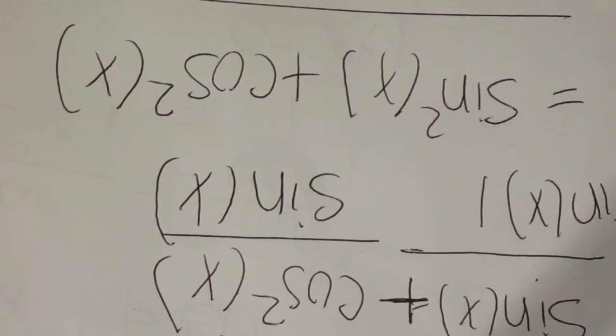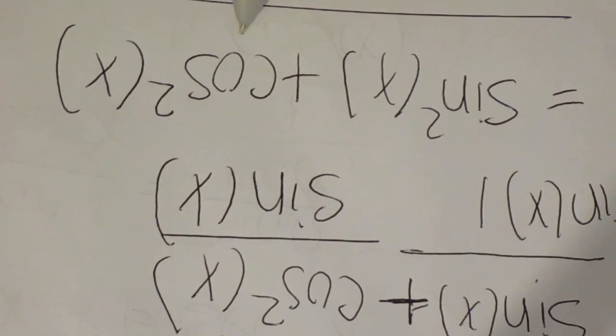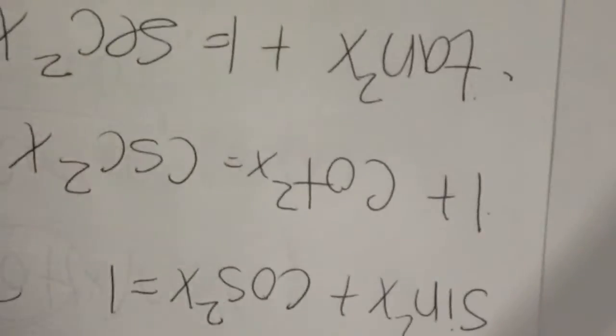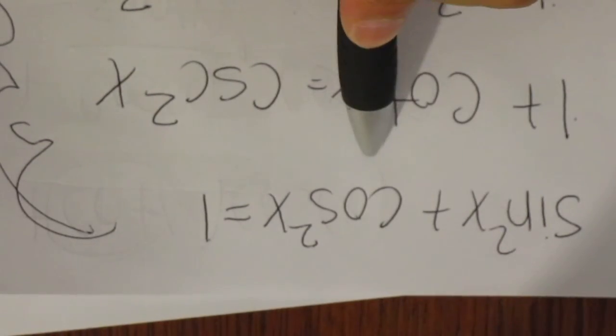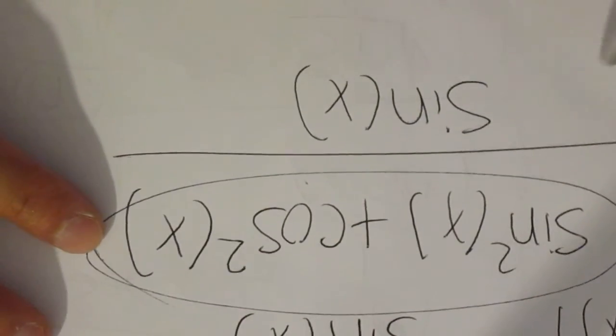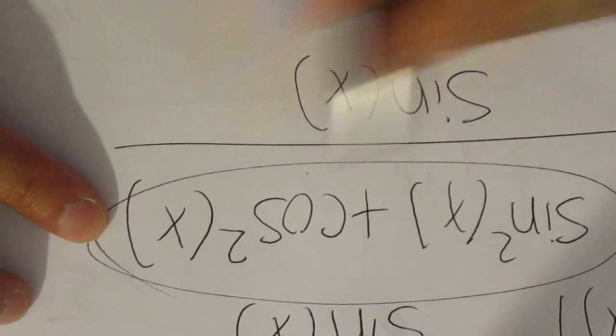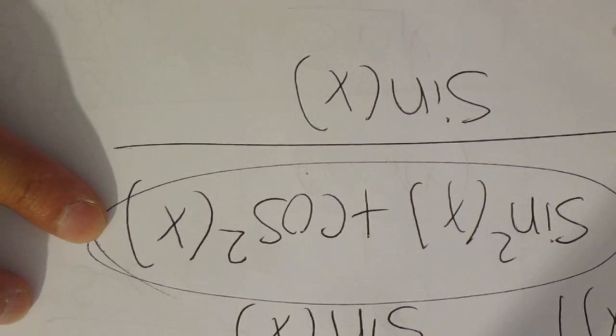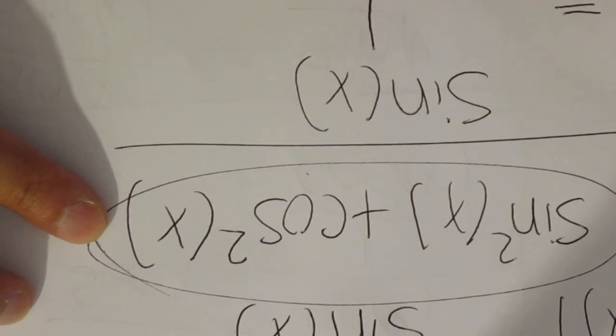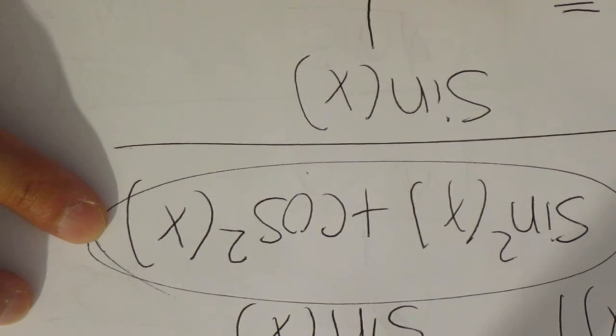Doesn't sine square x plus cosine square x make an identity? Remember, sine square x plus cosine square x equals 1. So we can use that. So we get 1 over sine of x.